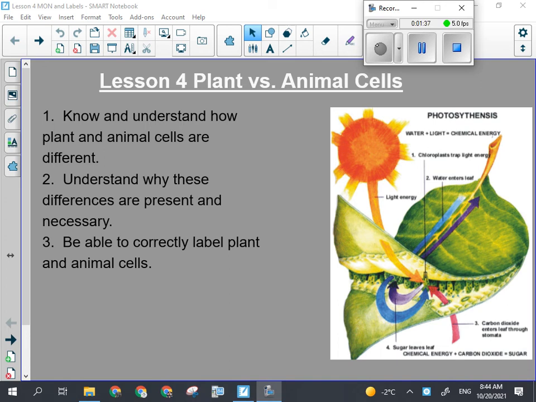How do animals get their energy? Yeah, through eating. Through consuming organic material, usually in the form of other organisms. I mean, even a cow is a predator.